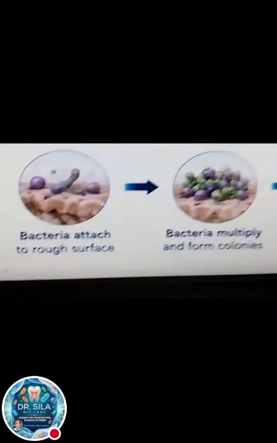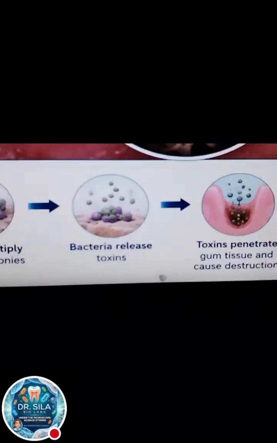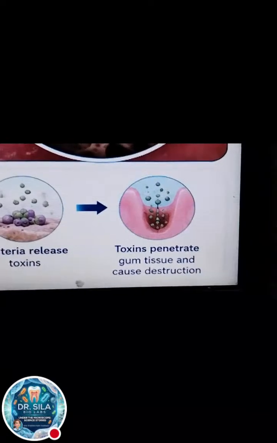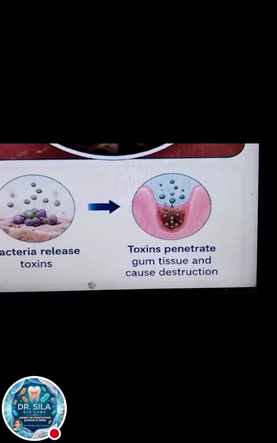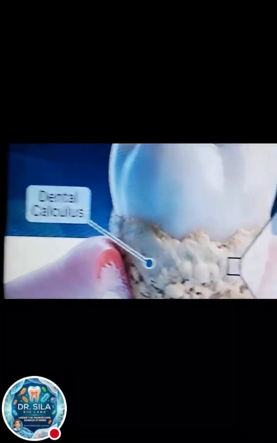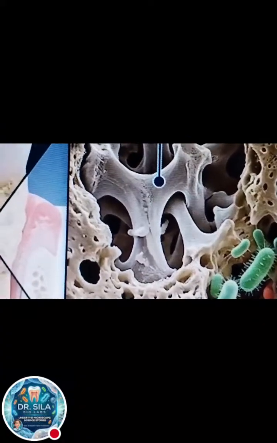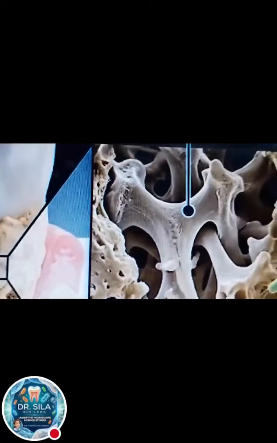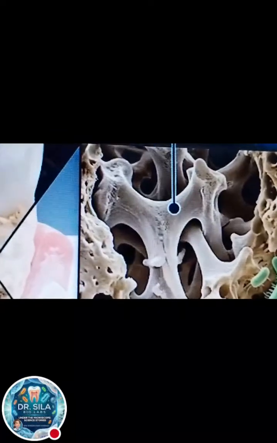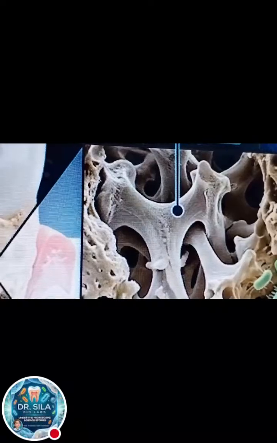Bacteria attach to the rough surface, multiply and form colonies, and release toxins. The toxins penetrate gum tissues and cause destruction. See the pathogenic reservoir, dental calculus. Fossilized, calcified biofilm forming a dense matrix with a rough, porous surface, not solid, with extremely irregular topography.